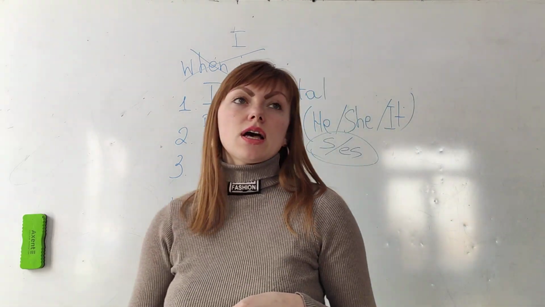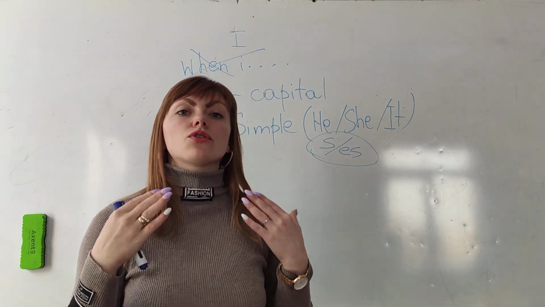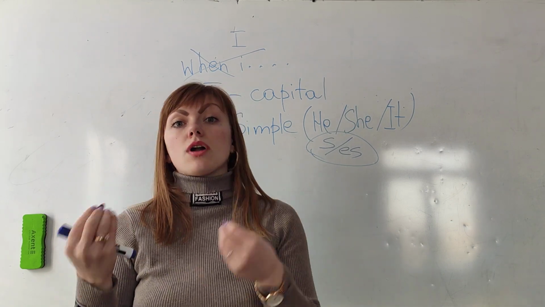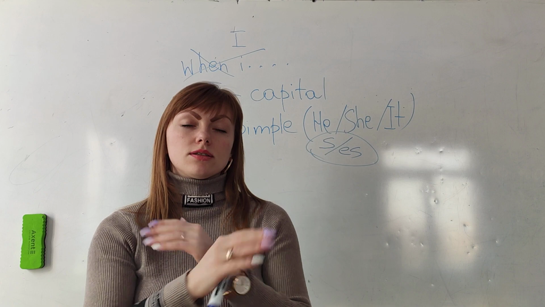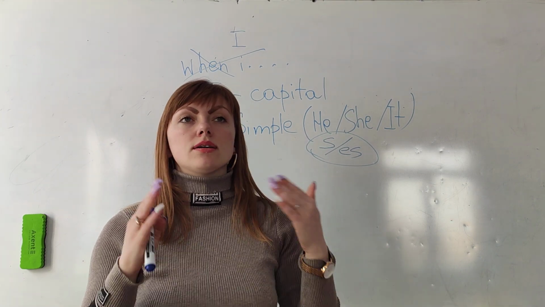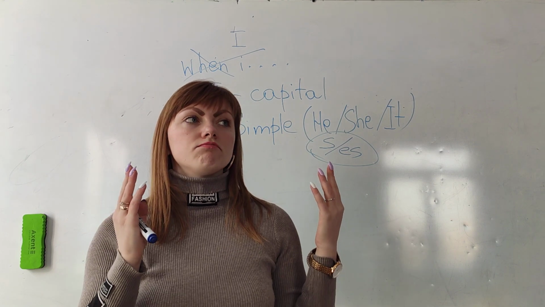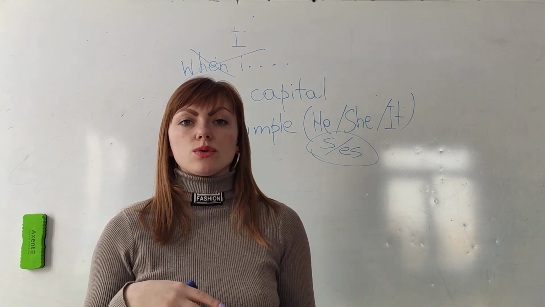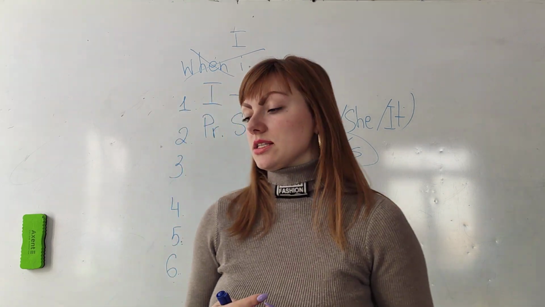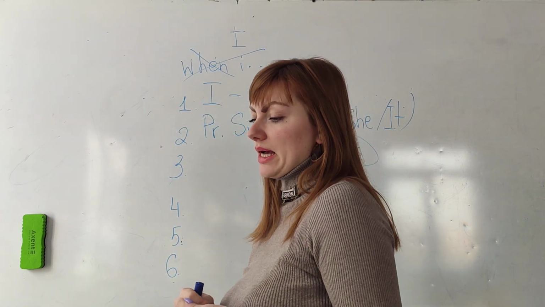For example, she always frowns, because you have written she always frown. It's not correct. She always frowns. He always takes. She always goes. S or es.